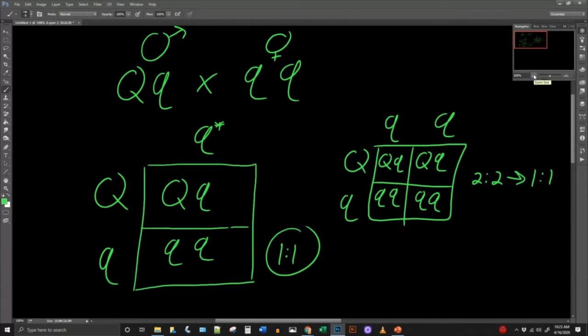You can only do this with homozygotes. This individual is homozygous recessive. And because they are homozygous, you can collapse the possibilities. You can make simplified Punnett squares as a result.